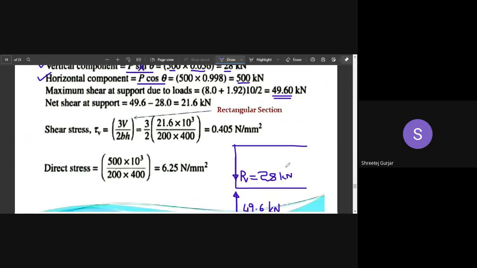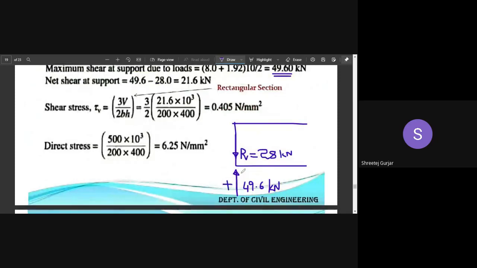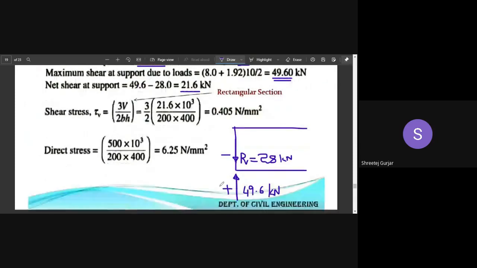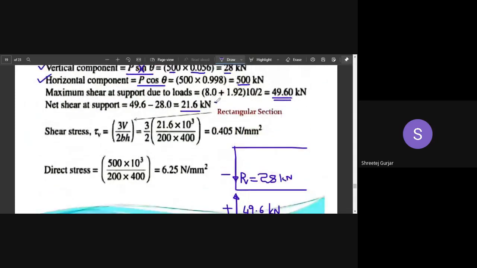Okay, so this we will consider as positive because it is acting upward, and this we will consider as negative. So 49.6 minus 28 will give you 21.6. This is the net shear force, that is equal to V.